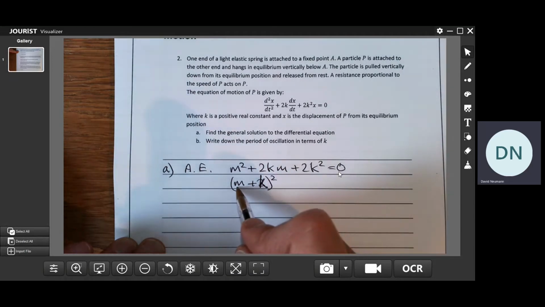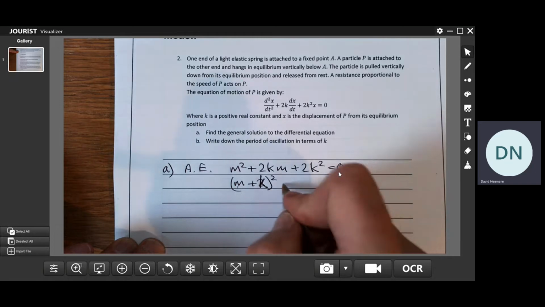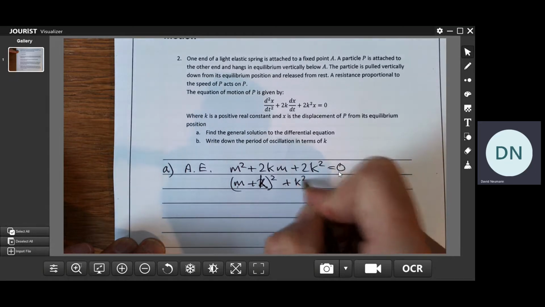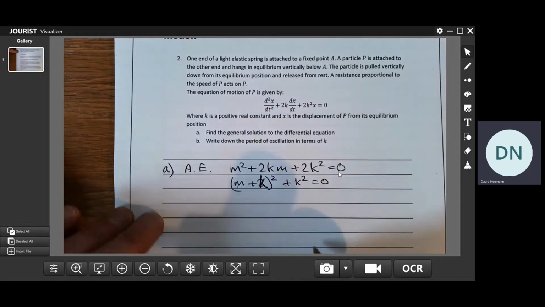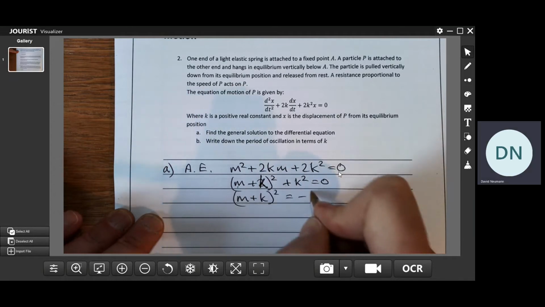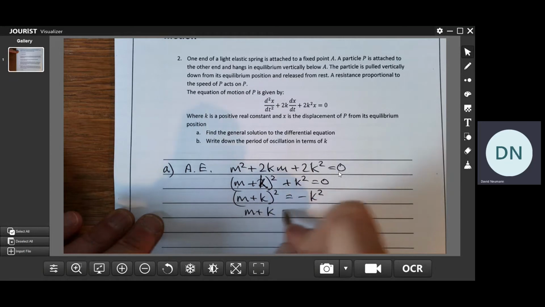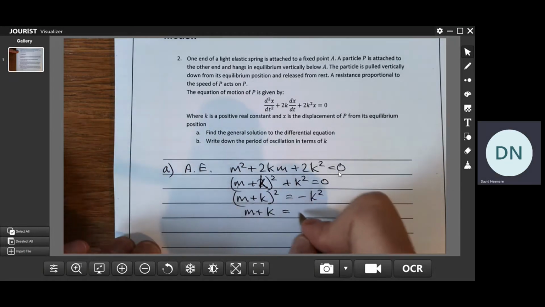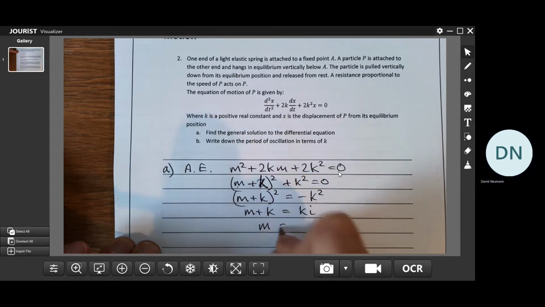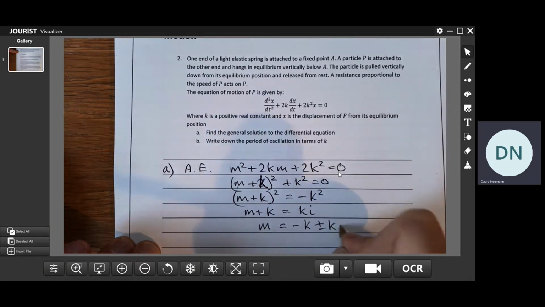So from this we're going to get m squared plus 2km plus k squared, so we need another plus k squared here equals 0. So m plus k squared is equal to minus k squared. So m plus k is equal to ki. So m is equal to minus k plus or minus ki.